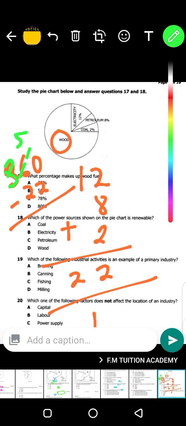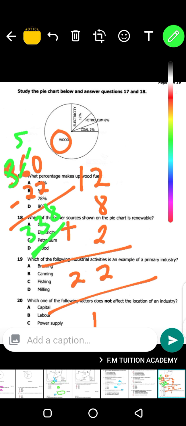Then 10 minus 2 is 8, and 5 minus 2 is 3. So 338 is the answer. Okay, so the answer is 338.